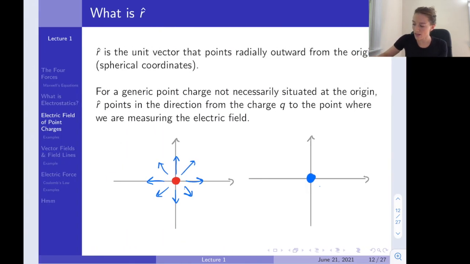So we're going to have an electric field that's pointing radially inward like that. And those should be uniform, but yeah, pretend that's symmetrical.